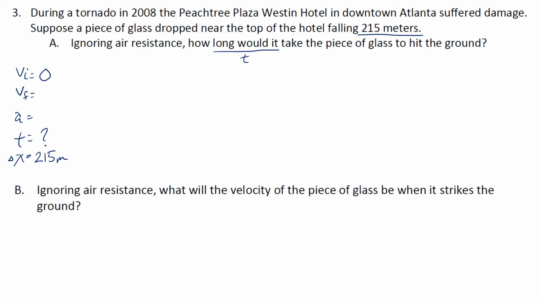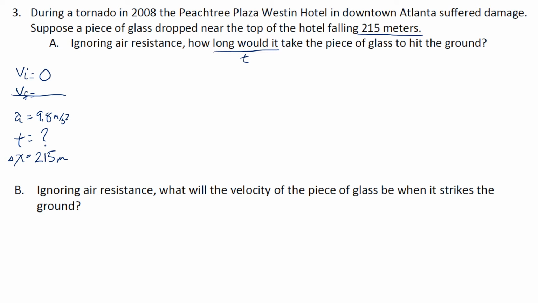Usually I would write this thing as a negative, but because we're dealing with time, we don't really need to worry about direction. So I'm just going to go with the absolute value, which is 9.8 meters a second squared. And we're not going to use our final velocity, so sometimes I just like to cross it out. So now that we have our variables set up, you need to memorize or remember our old equation. This is our constant velocity and displacement equation.